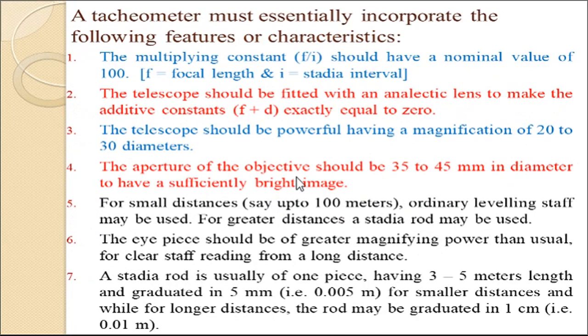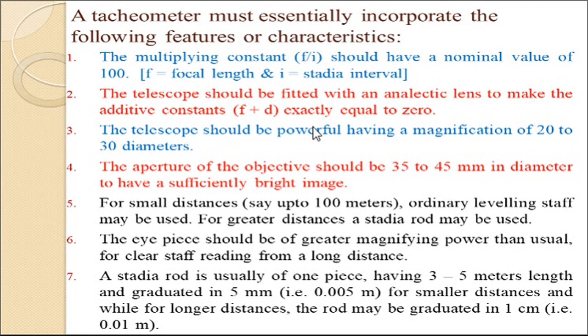Now, the tachymeter, a transit theodolite with stadia diaphragm, should have some characteristics. First, the multiplying constant f/i, where f is the focal length and i is the stadia interval. That ratio is known as the multiplying constant and its nominal value should be 100.